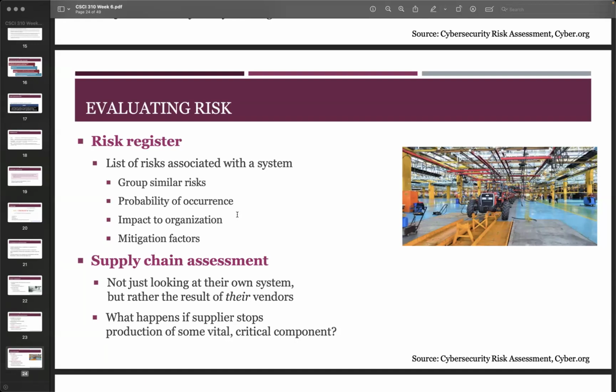Then there are the impacts to the organization, the mitigation of the factors, and also the supply chain assessment. For us, we not only look at their own system, but also their vendors.